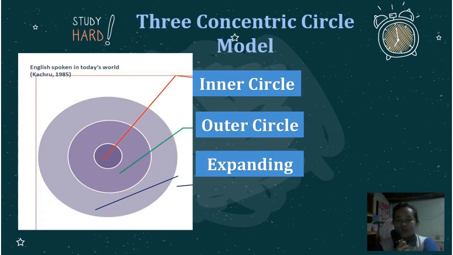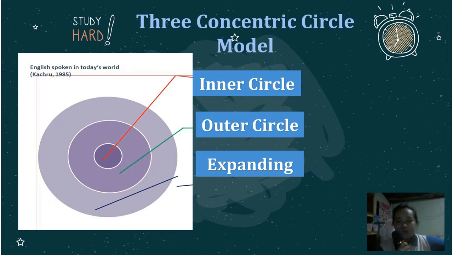So, I will let you see the illustration of the three concentric circle model for you to visualize and understand easily.